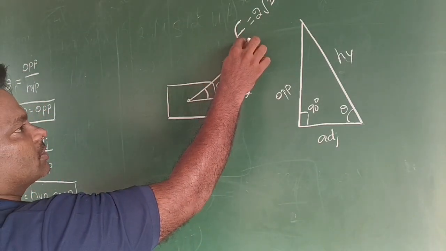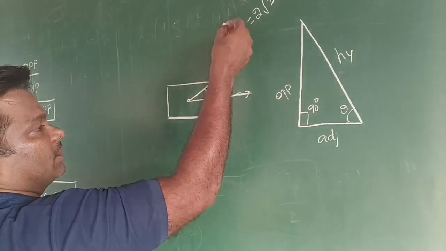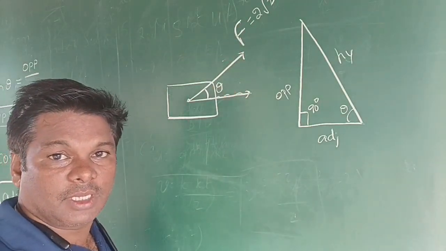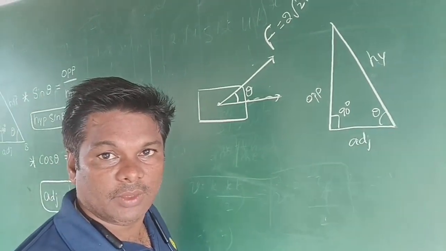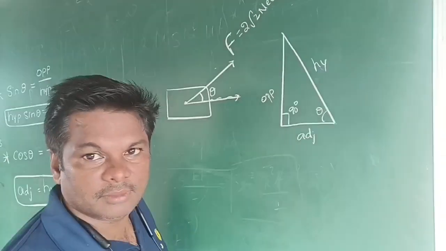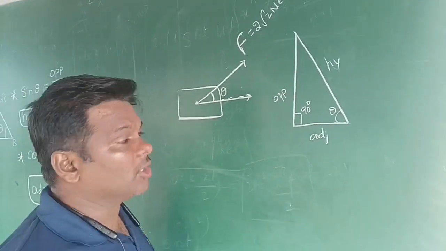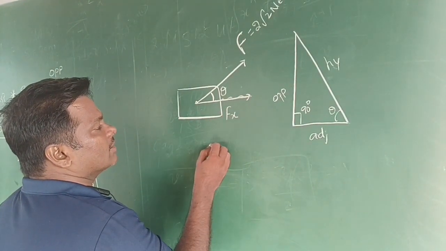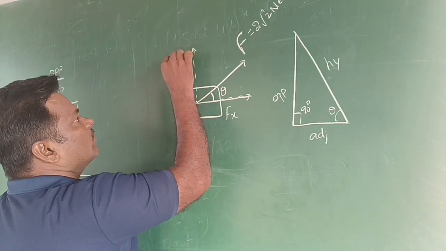And this force is a vector physical quantity, and it will be resolved into components. The first component is along the x-axis, and the second component is along the y-axis.